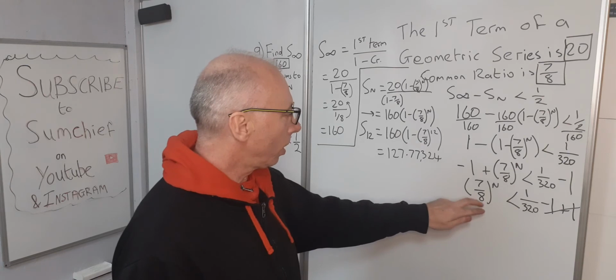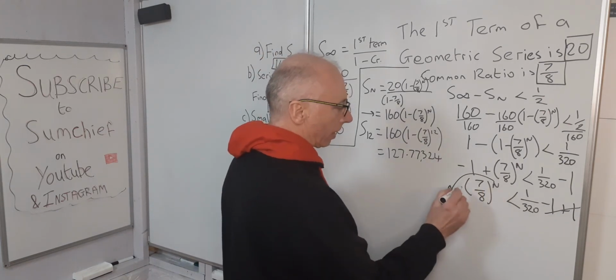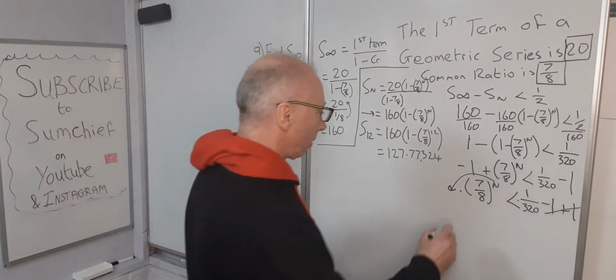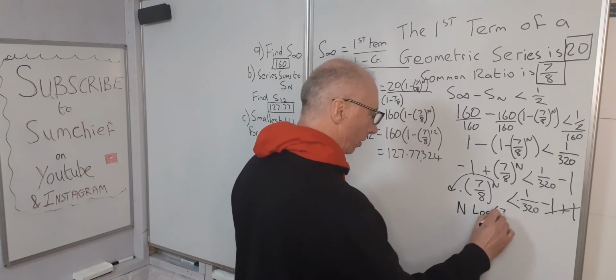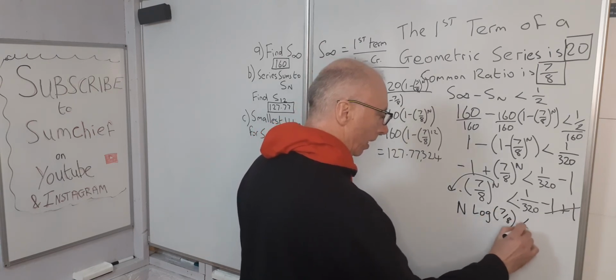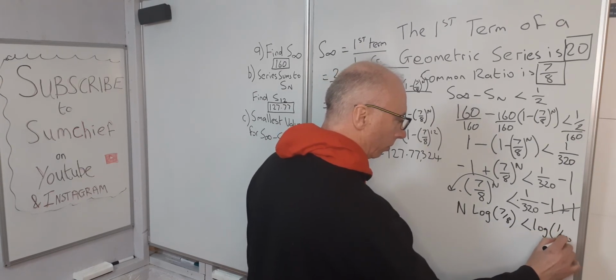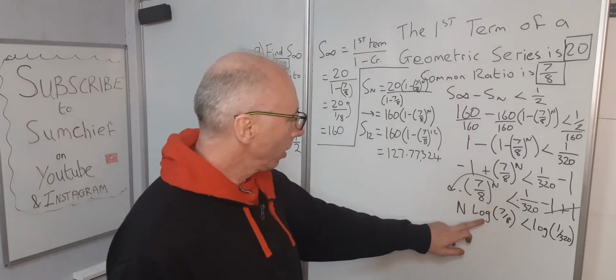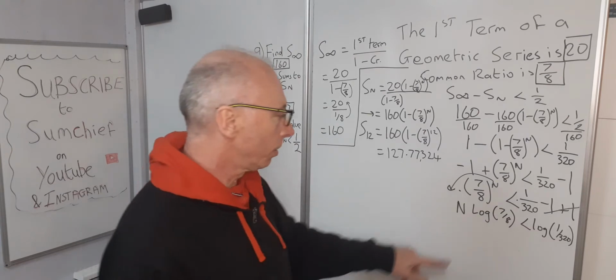If we use the law of logarithms, we can bring this n out front and then take logs of this and this. So that will bring us down to n times log 7/8 is less than log 1 over 320. Okay, right, now we're in a good position. Divide both sides by log of 7/8, get n on its own.